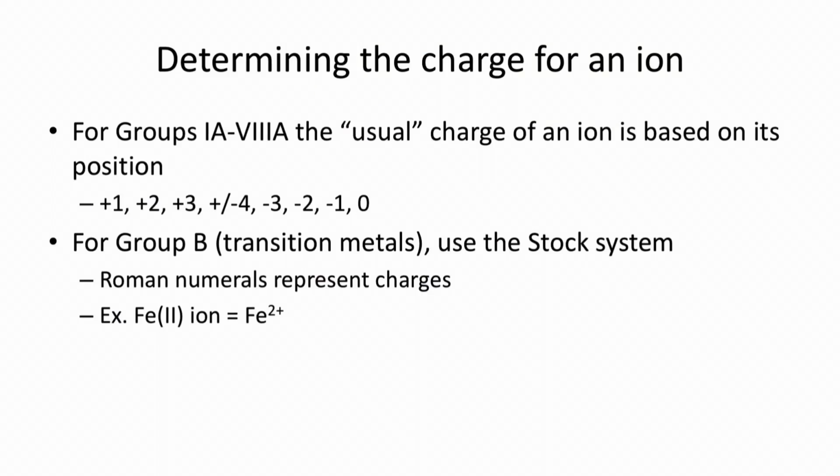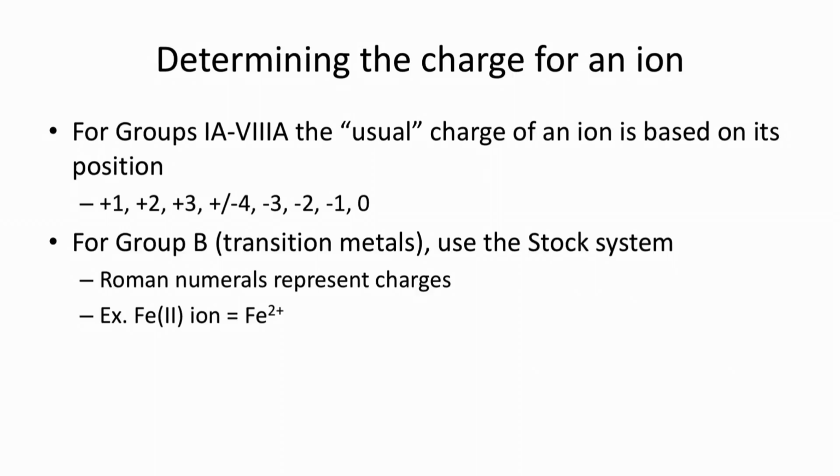In other words, group 1A is +1, group 2A is +2, 3A is +3, group 4A is ±4, group 5A, then it starts to get negative, -3, group 6A is -2, group 7A, the halogens, -1, and then the noble gases, group 8A, those are all 0. Okay, and so that's what I mean by these numbers here.